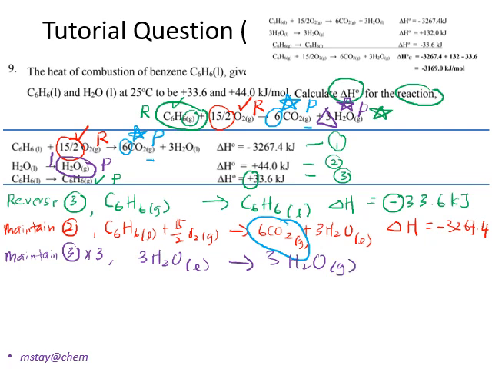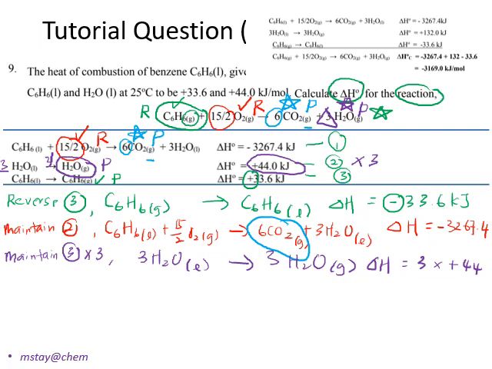Since now the coefficient is different, here is 3, here also 3, we need to multiply this enthalpy with 3. But at the same time we don't need to change the sign because the H2O liquid and gas are both at the product. So for this one, the delta H will equal 3 times positive 44 kilojoule.